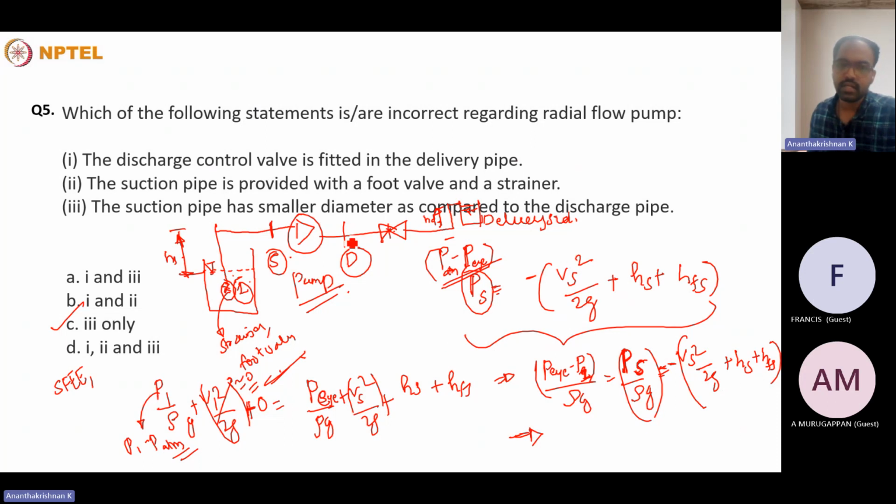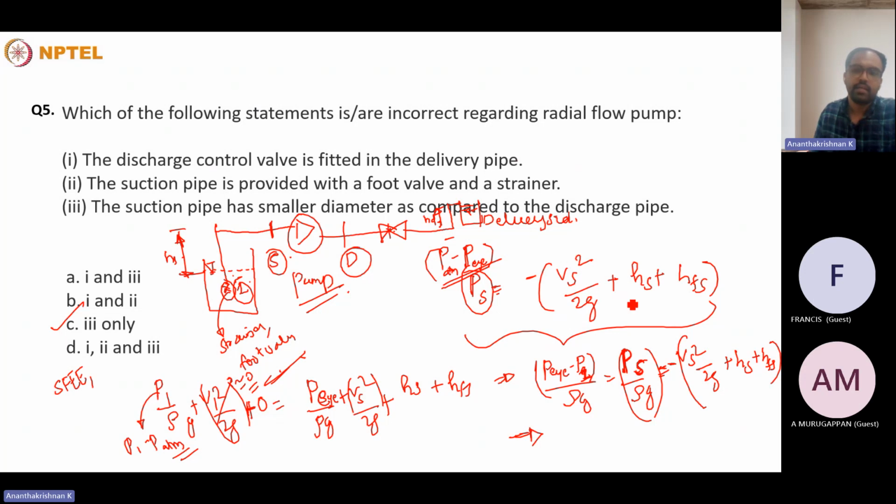If the pressure at the impeller eye falls very much below the vapor pressure of the liquid at that point, there is every possibility of cavitation. The output of the pump will severely come down, and the head produced by the pump will also come down if cavitation is present.